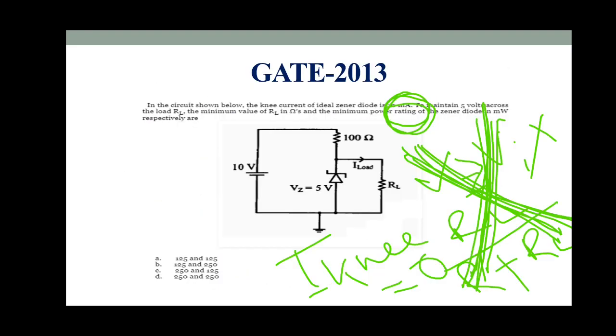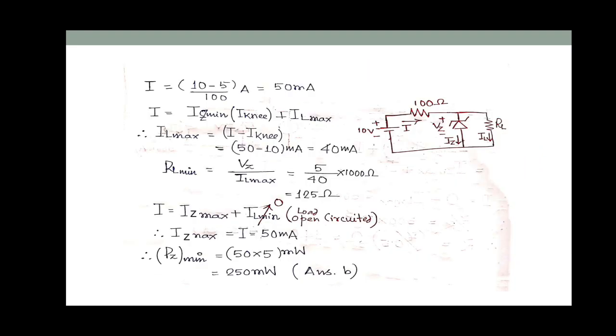And now for part B, the minimum power rating of the Zener diode should be worked out. So what is the minimum power rating? It is the rating which the Zener diode should withstand in this circuit. So PZ is nothing but VZ into IZ.